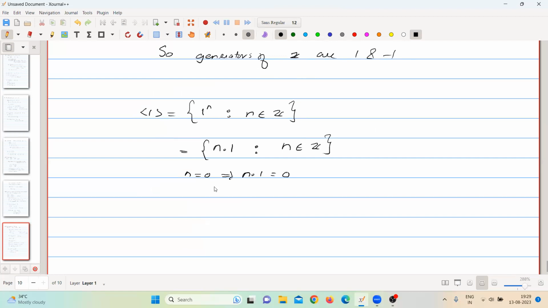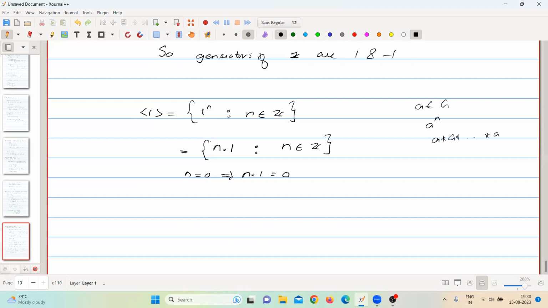Any other doubt here? Is it n times 1 or n plus 1, because it is additive? No. In general, for an element a in G, a power n means a star a star, etc., n times.